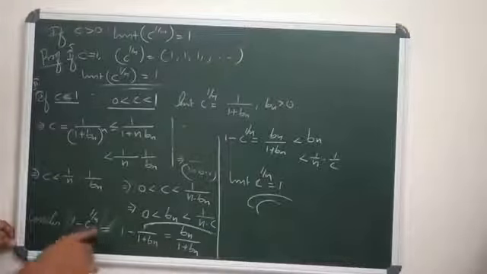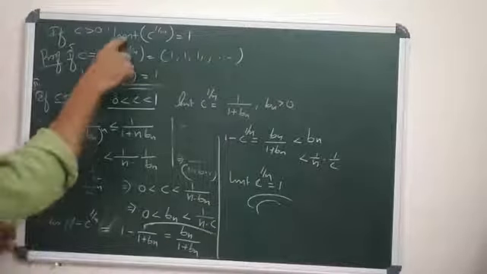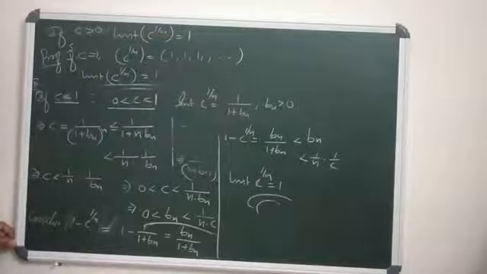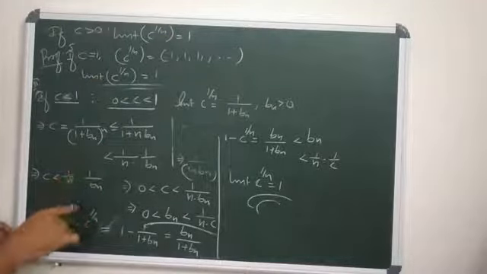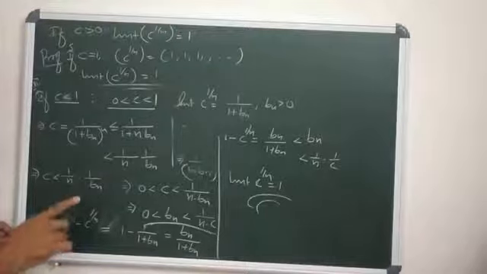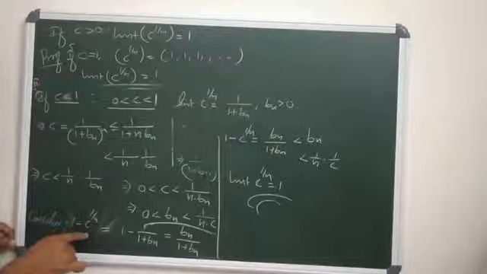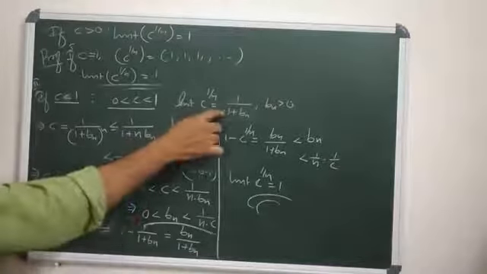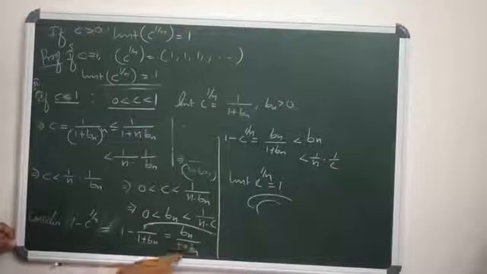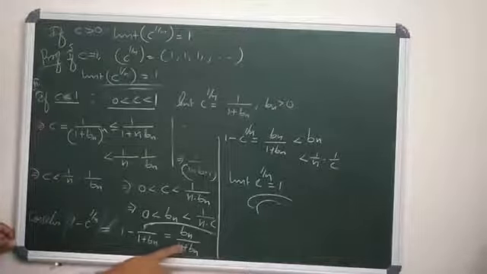Now our requirement is limit of c power 1 by n is 1. So consider c power 1 by n minus 1, or 1 minus c power 1 by n, which equals 1 minus 1 by (1 plus bn), that is, bn by (1 plus bn).